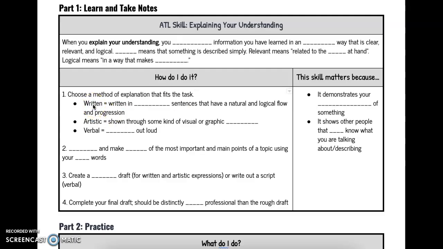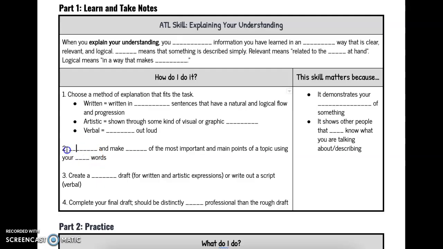So if I'm doing a written explanation, I'm writing in complete sentences that have a natural and logical flow and progression. If I'm doing an artistic expression, I'm showing this through some kind of visual or graphic display. And if it is a verbal explanation, this means it is spoken out loud. So I'm going to choose one of these methods depending on what it is I'm doing.